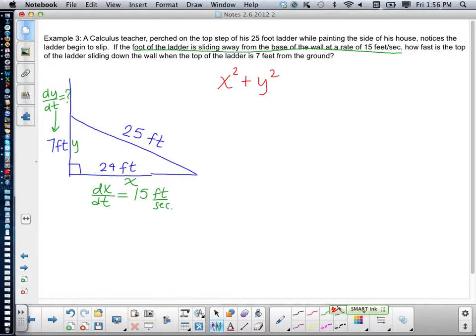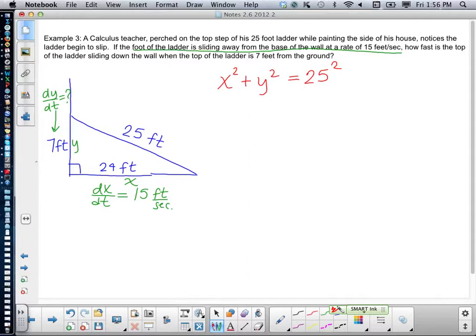So we have to include variables x and y. If the length of the ladder was changing, we would have to call that z. But the length of the ladder is constant, right? So we can put that right into our equation. Anything that remains constant throughout the problem can just go right into the equation as a constant. So we have x squared plus y squared equals 25 squared.